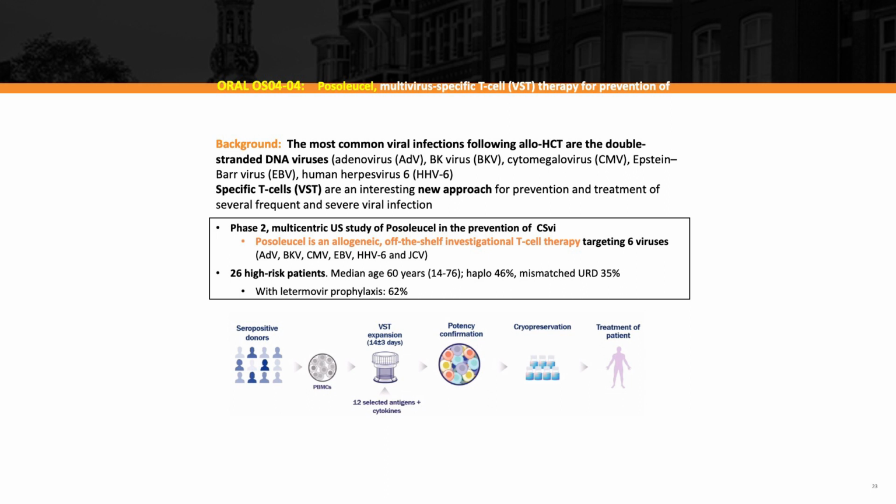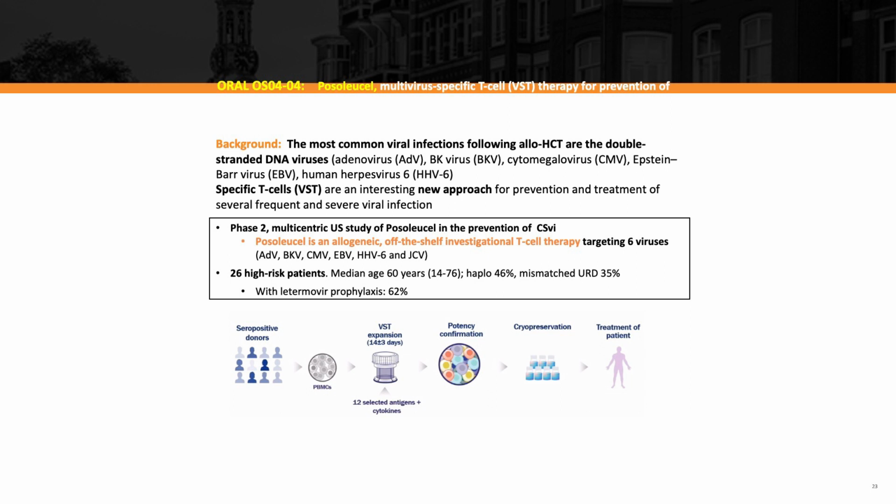So what they do in this multicentric phase 2 study is the prevention of clinically significant viral infection with this posoleucel. This is an allogeneic off-the-shelf investigational T-cell product that targets the 6 viruses most frequent after allogeneic transplant: adenovirus, BK, CMV, EBV, herpes 6, and JC virus.